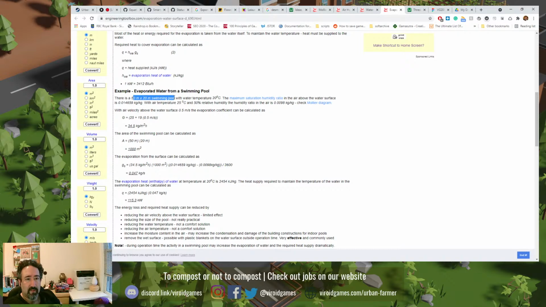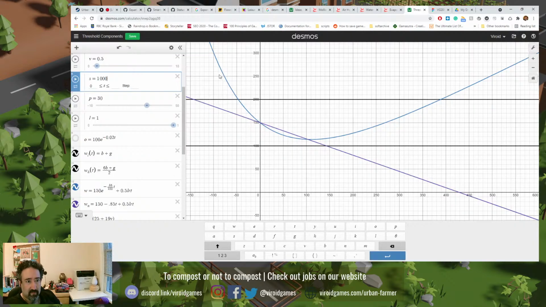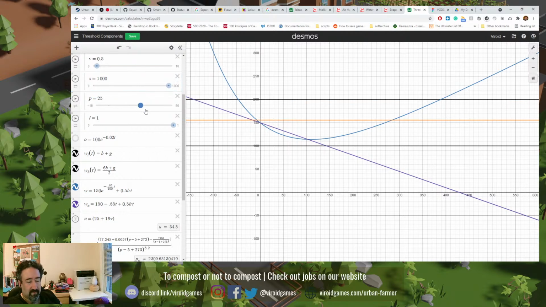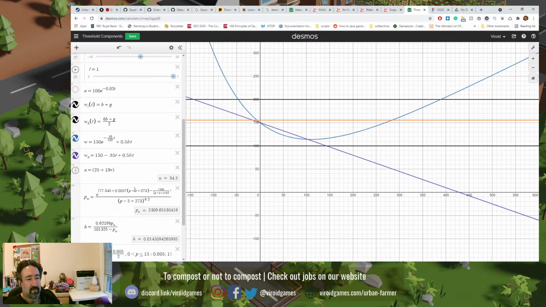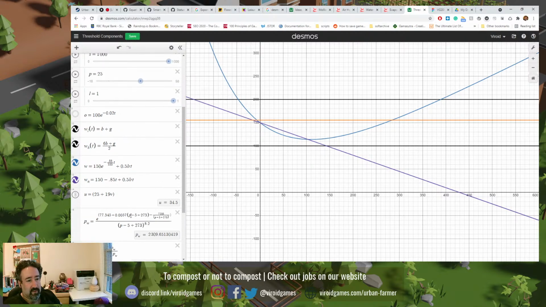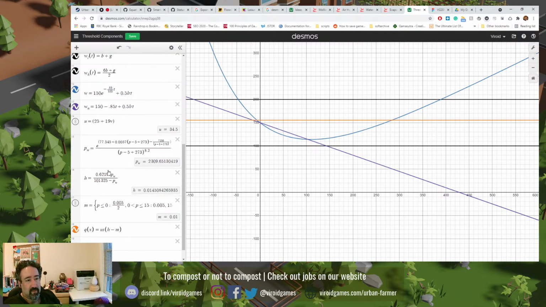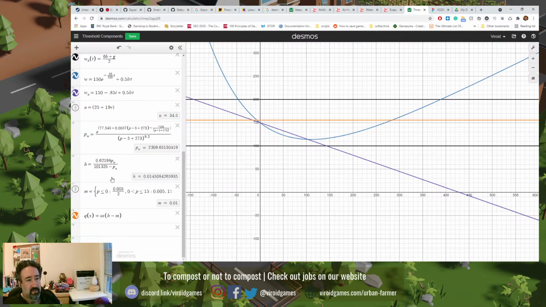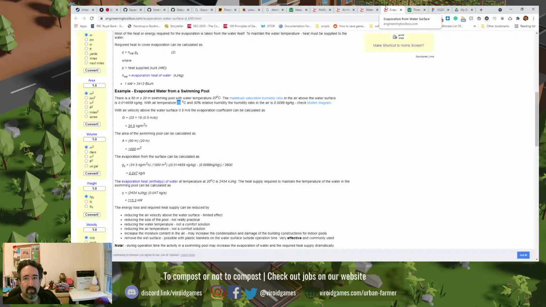For a swimming pool this big, when the water temperature is 20, so we deduce 5 degrees water temperature from air temperature. So let's set the air temperature to 25. Here's the 25 air. So the water temperature goes into this calculation as P minus 5, PW goes into some calculation here to give us the humidity thingy. And then we have this fudge factor here with the M. So the humidity plays a role here, which is basically this area here.